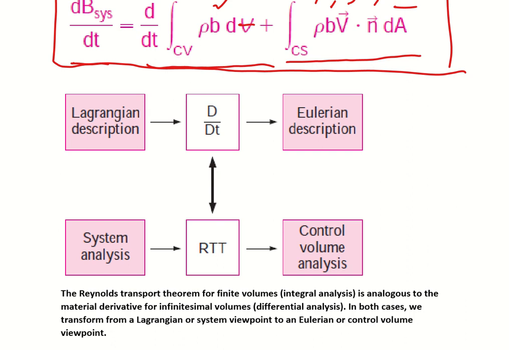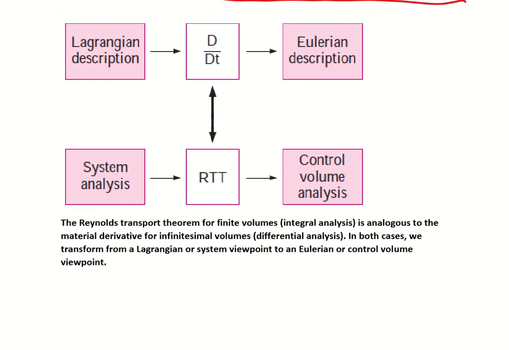Now we shall try to understand some analogous relationship between the Reynolds transport theorem and the material derivative, which we studied in our last video. The material derivative relates the Lagrangian description, following the mass, to the Eulerian description where our volume is fixed, and in this case we took an infinitely small volume.